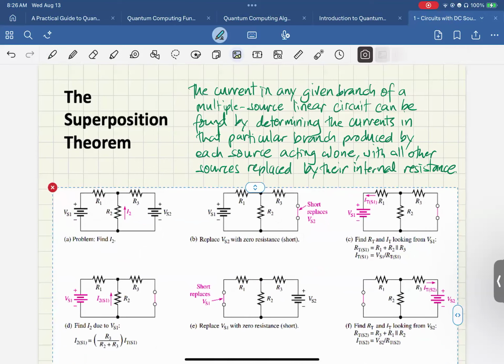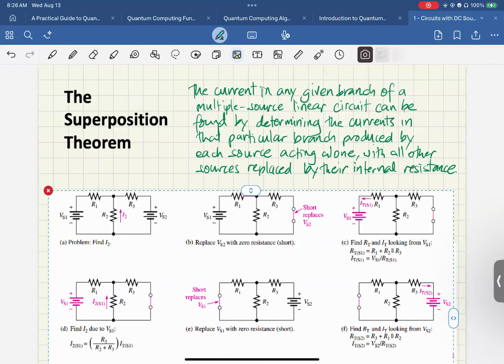So, first of all, tignan nyo muna kung meron kayong multiple sources, linear na circuit. Paano nyo alam na linear na circuit? Pag puro resistors lang makikita nyo dyan, it's linear, kasi the resistor behaves linearly, di ba?